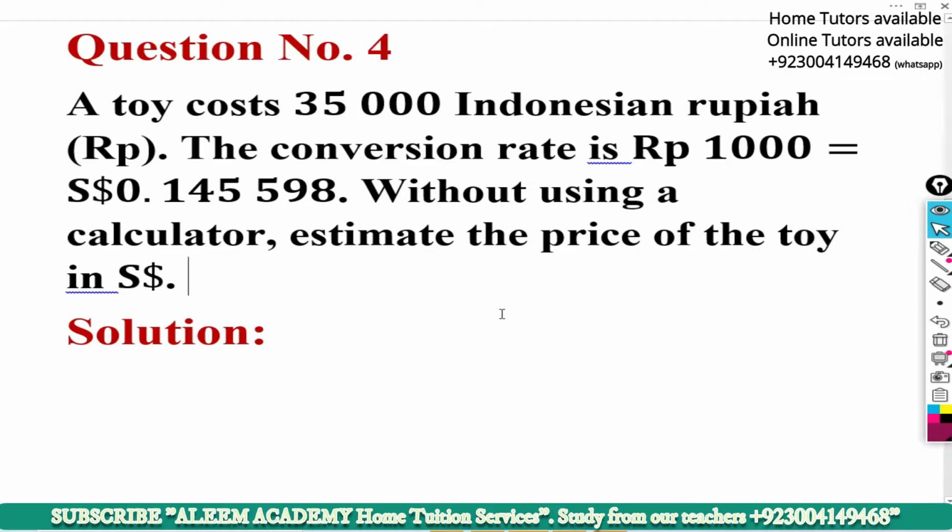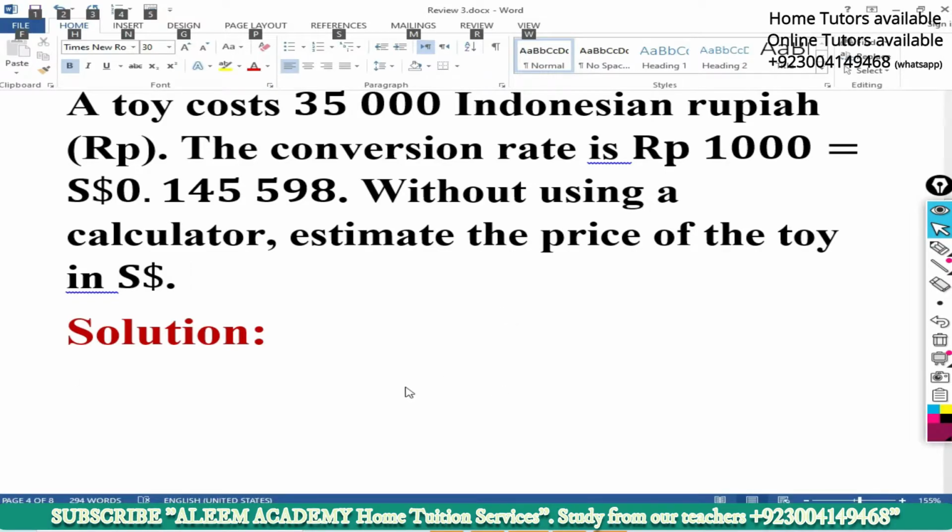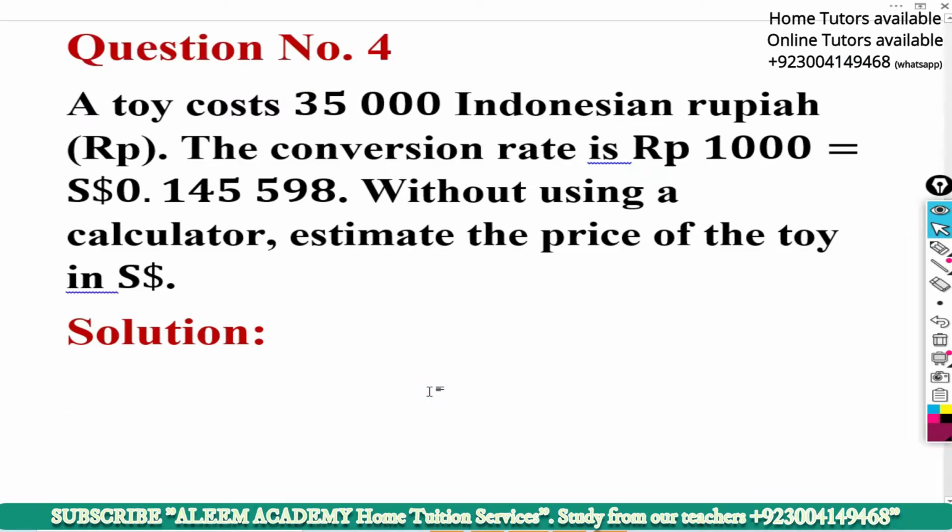A very interesting question. First of all, we have to write what is the conversion rate that is given to us. That is 1000 Indonesian rupiah is equal to 0.145598 S dollars.